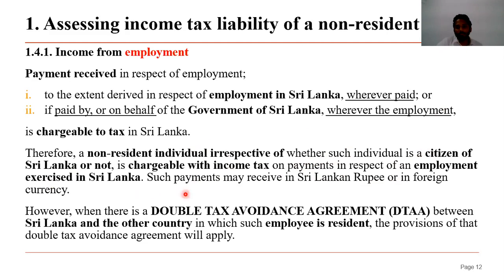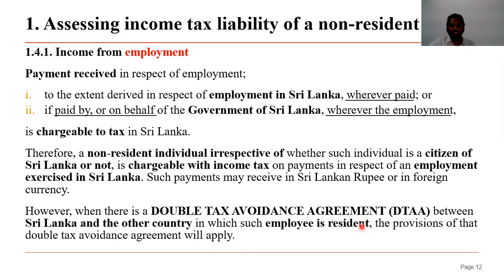However, the important area again is whether there is a DTA, a double tax avoidance agreement, between Sri Lanka and other countries, let's say India, in which such an employee is resident. Then the provisions of that double tax avoidance agreement will apply.